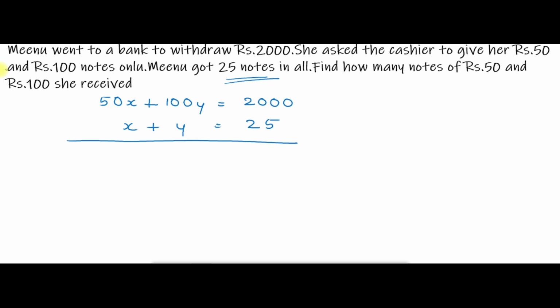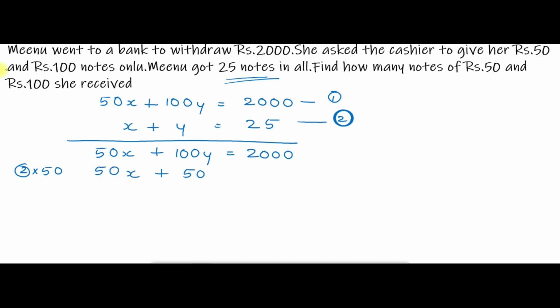So I can write this one as equation number 1 and this one as equation number 2. First equation as such, I can write 50x plus 100y equal to 2000. And the second equation I am going to multiply by 50. So x becomes 50x, y becomes 50y and 25 becomes 25 into 50.